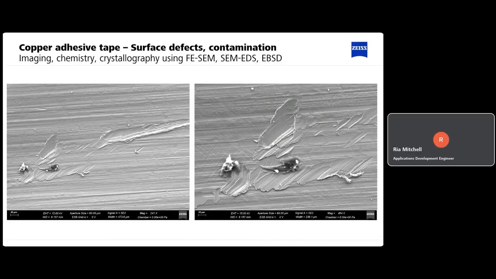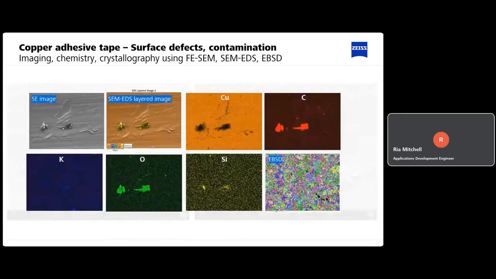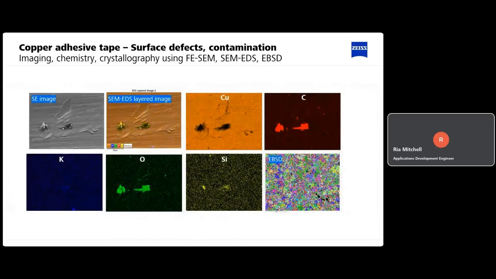So these are the images that we get from imaging it at 15 kV, but we can obviously do some other things. So once we're imaging in high vacuum mode and at a relatively high kV, we can get some chemical information. So this is traditionally from SEM EDS. We can check for inconsistencies in the chemistry of the copper foil itself, but we can also look at the chemistry of these contaminants and these surface features to try and understand where those contaminants are maybe coming from.